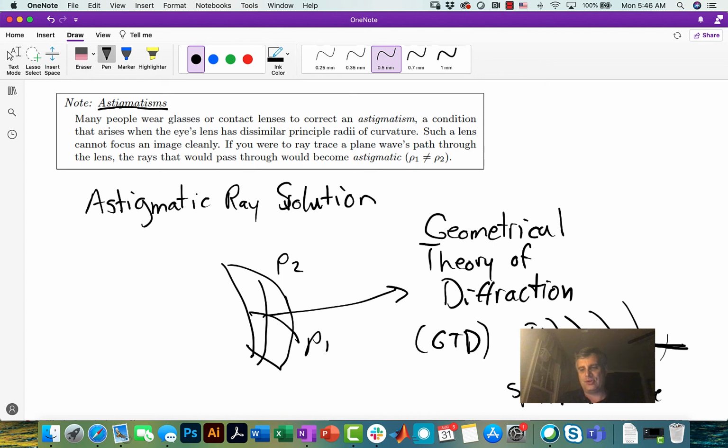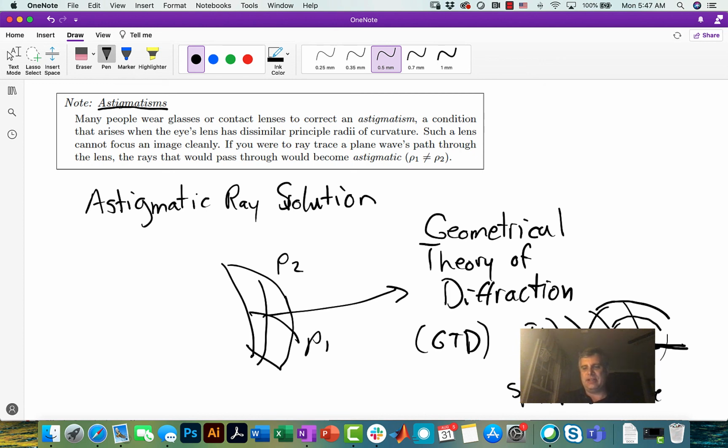When that wave strikes the corner here, though, one way to solve this is to add a GTD diffracted wave, which says that this corner acts like a localized source. So if you have a corner in 3 dimensions, that's really a line source.